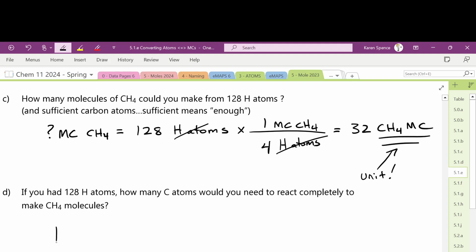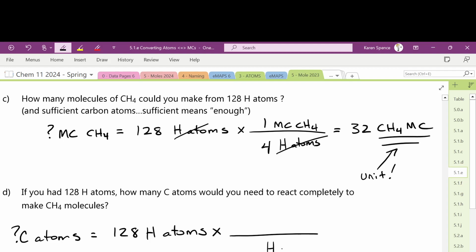If you have 128 H atoms, how many carbon atoms? I guess I should start with how many carbon atoms can we make from 128 H atoms? Yes, of course you can. So we need to cancel hydrogen atoms, so H atoms go on the bottom. We want to find carbon atoms.